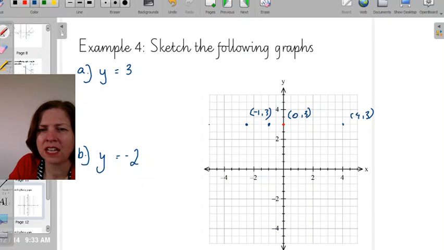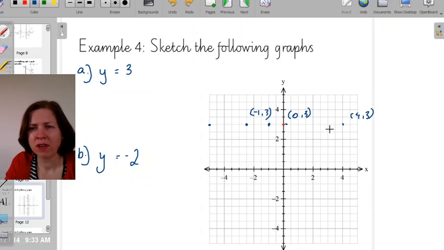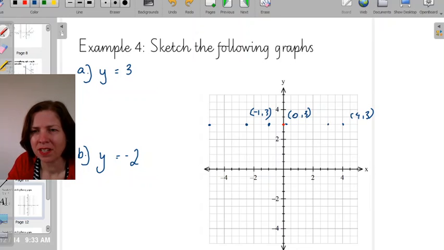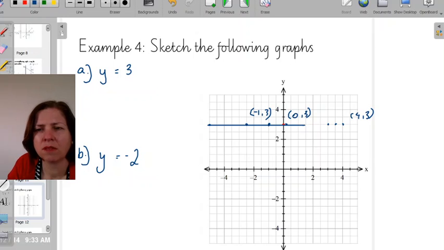Here we've got -5, 3. Just there is the point 0.1, 3. Here is 3, 3. Here is 3.5, 3. Are you starting to get the picture? This graph is going to make a horizontal line.